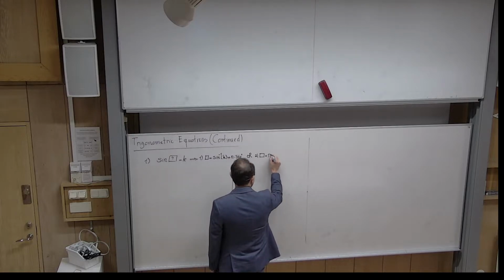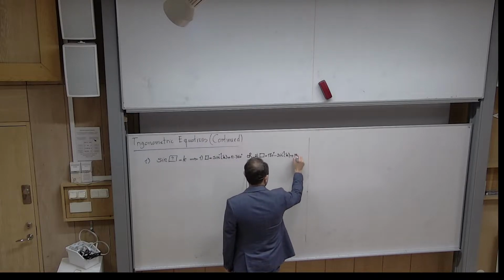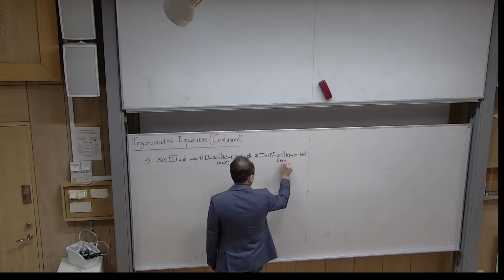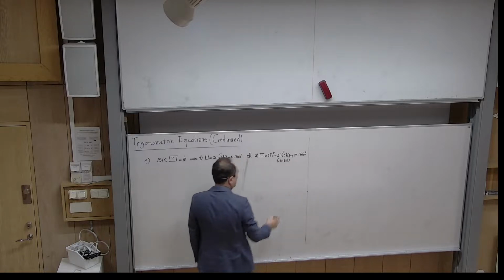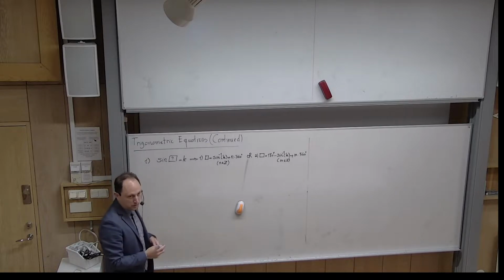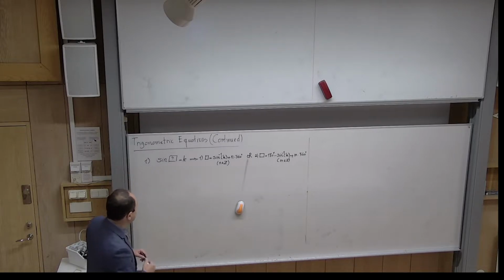So it becomes 180 degrees minus sine inverse of k, and then plus possibly m times 360 degrees. It is important to mention what n and m are. I tried to convince you that this is all possible cases. We cannot have more than these.